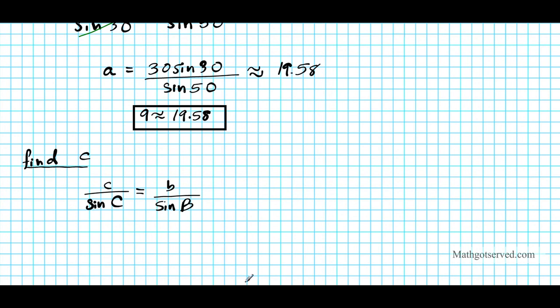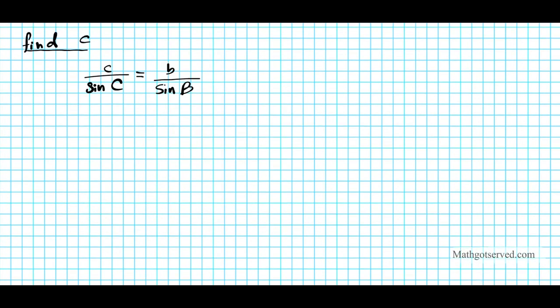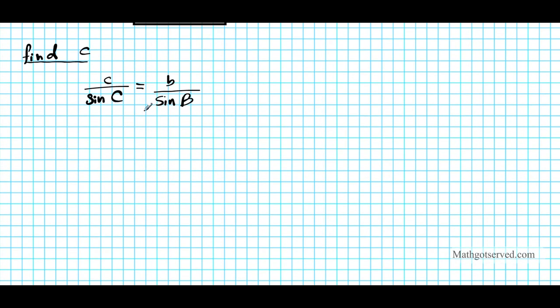All right. With that in mind, let's make our substitution. We should have only one unknown, since we have one equation. Little c, we do not know what it is, over sine big C, which is sine 100. That was the first answer we found. Equals little b, which is 30, over sine 50.